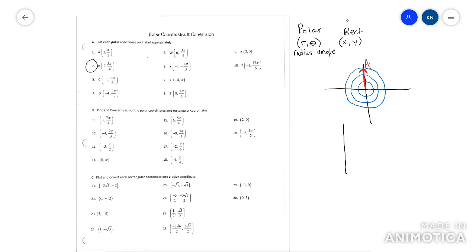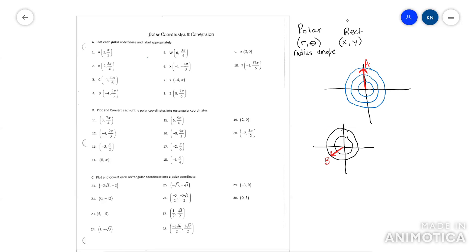I would be drawing 2 circles. I would be rotating 5 pi over 4, which would be that amount. I would draw an arrow and I would call it B. That's all you have to do.